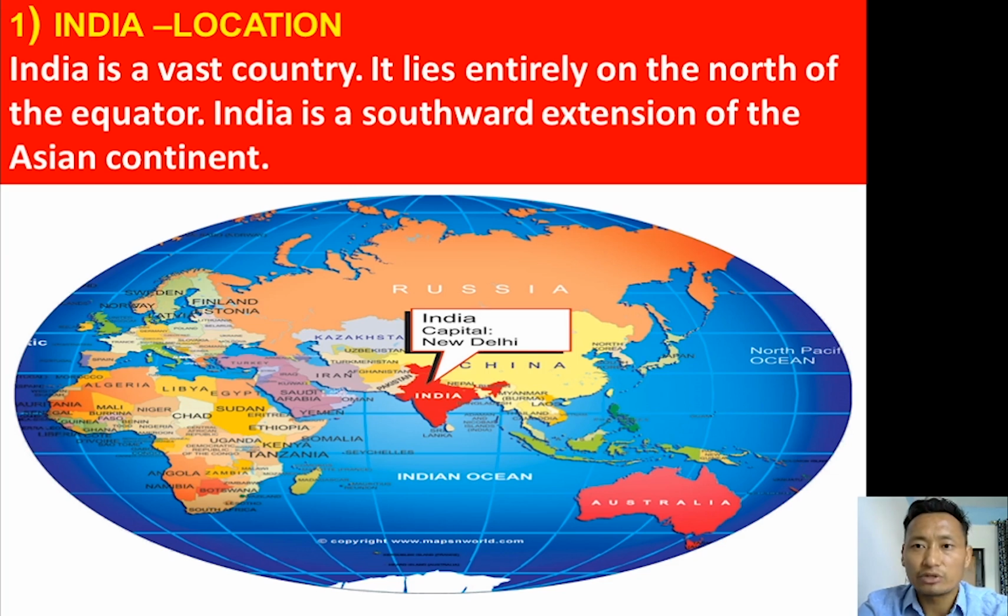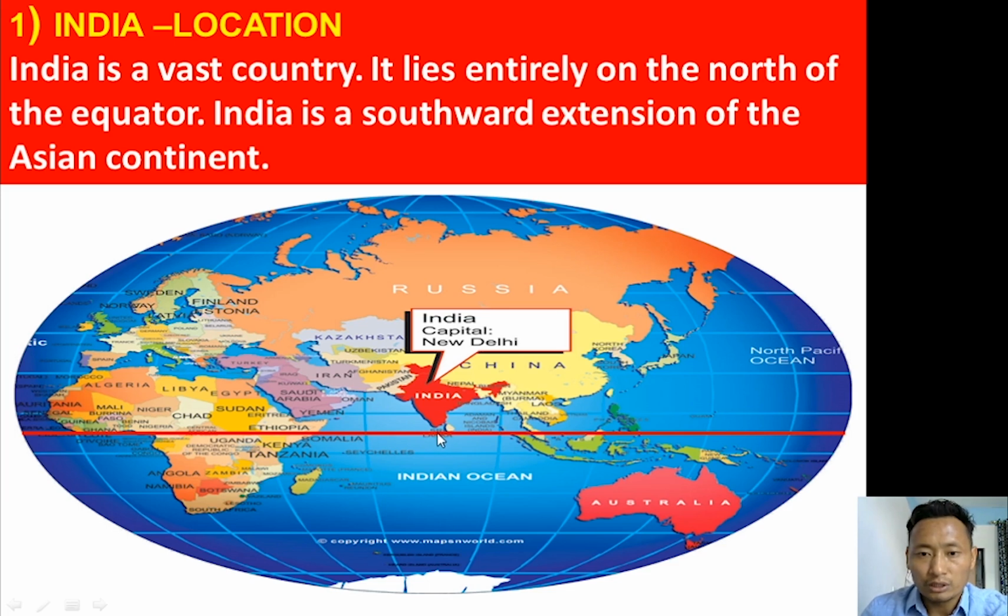It lies entirely on the north of the equator. This is the globe or the map of our earth. This particular red line indicates the equator. The degree of the equator is 0 degree.